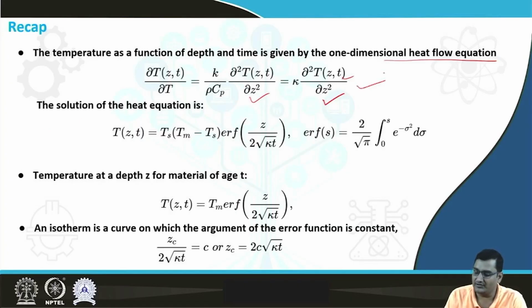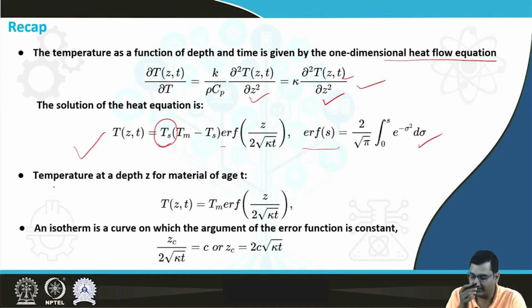And the solution for this differential equation may be written like this, where the temperature at a depth and time t is equal to Ts, the surface temperature or the ocean floor temperature, plus (Tm - Ts), where Tm is the temperature at the asthenosphere or the half space, times the error function with the argument z/(2√(κt)), and the error function is written as erf(s) = (2/√π) ∫ from 0 to s of e^(-σ²) dσ.